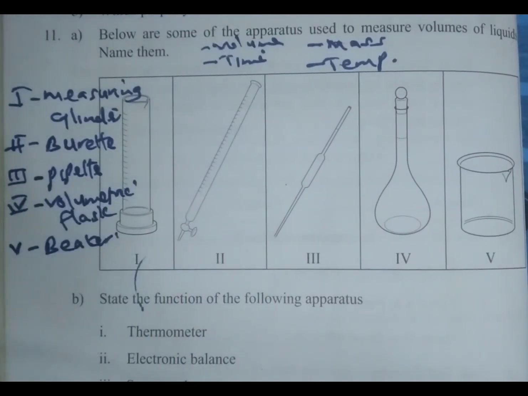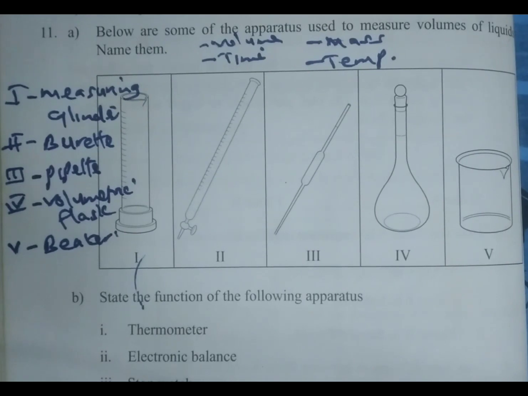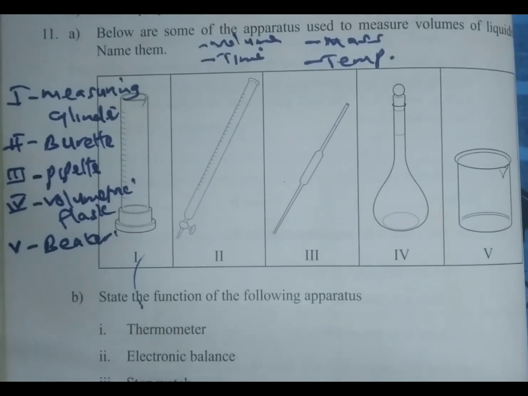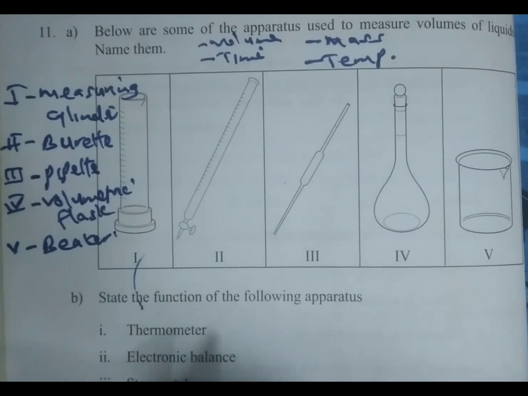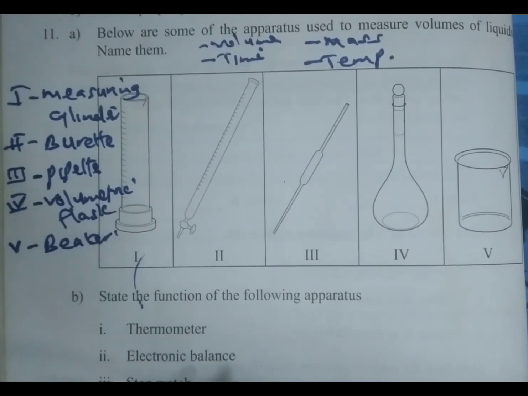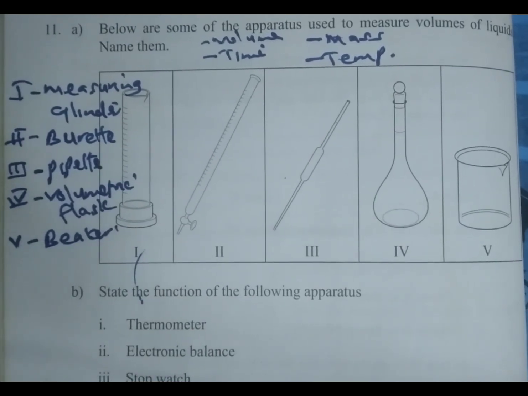So all these apparatus are used to measure volume. We have those that are used to measure the exact volumes of solutions. We also have those that are used to measure the approximate volumes. That is part A of the question, already answered.